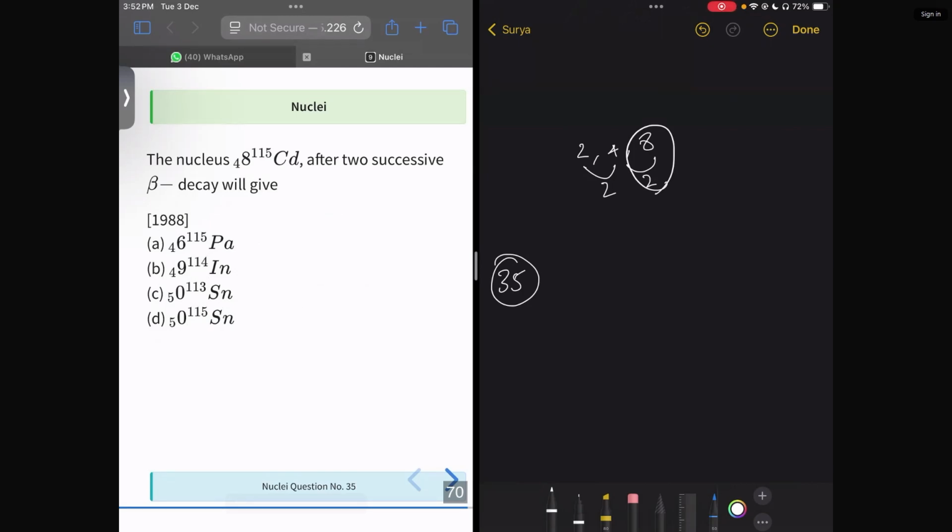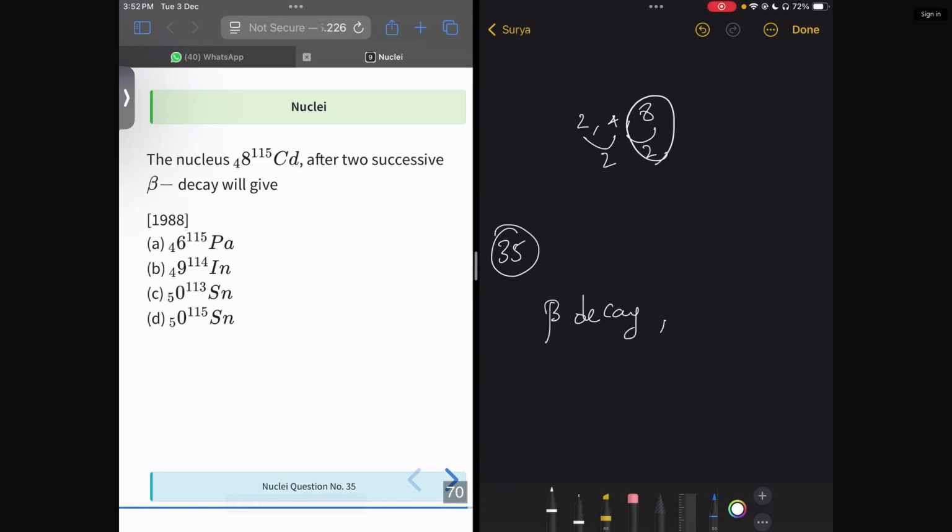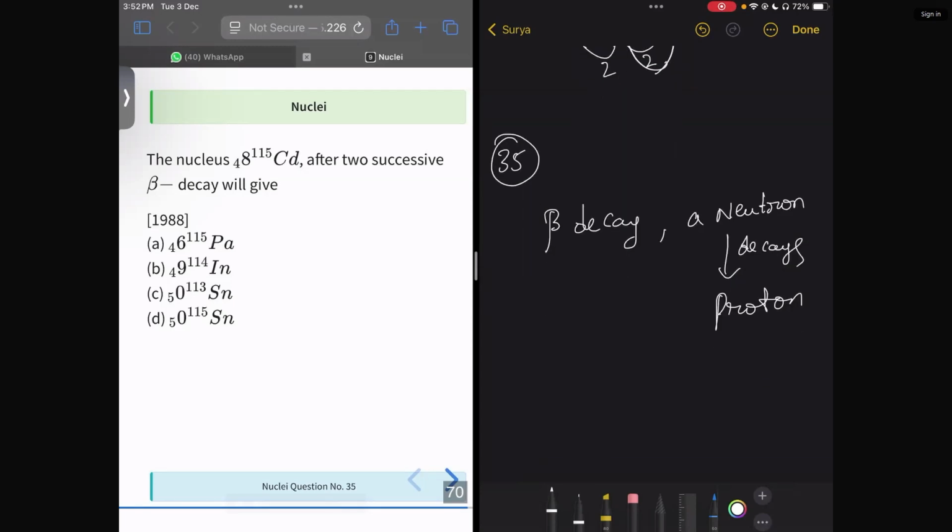In beta decay, a neutron in the nucleus decays into a proton, emitting a beta particle, an electron, and an antineutrino.